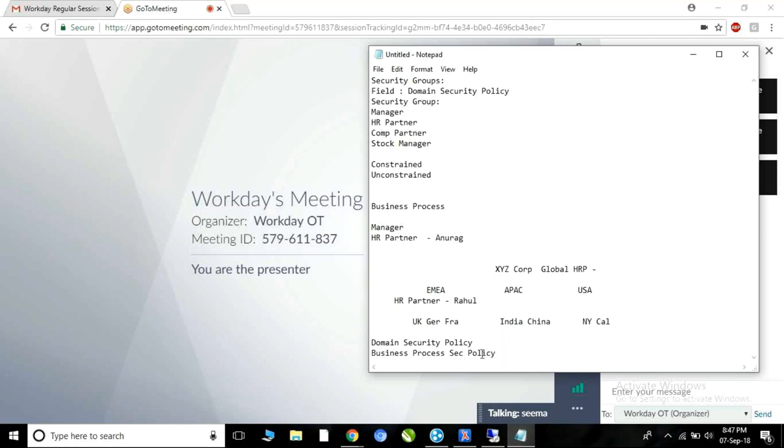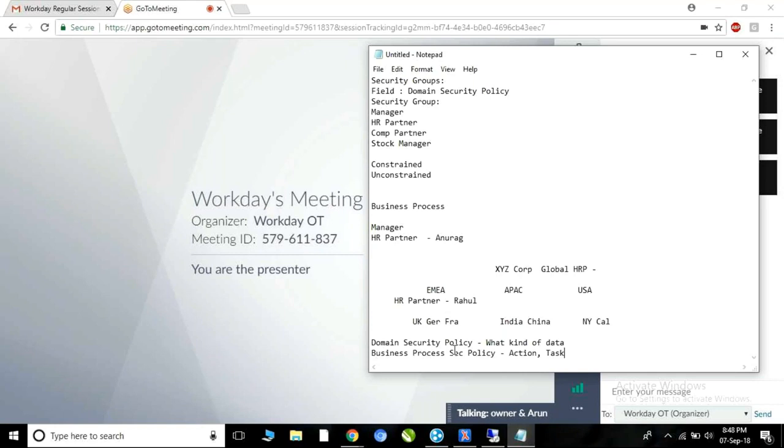Now, as the name suggests, the domain security policy restricts what kind of data is visible to a particular security group. So if it is related to data, we play with the domain security policy. If it is related to actions or tasks, we configure the business process security policy.